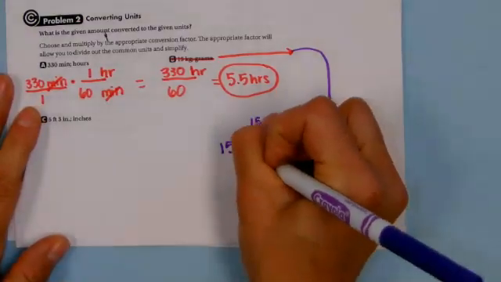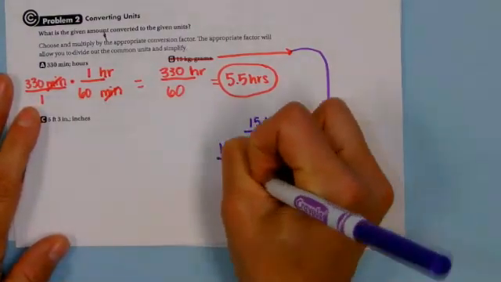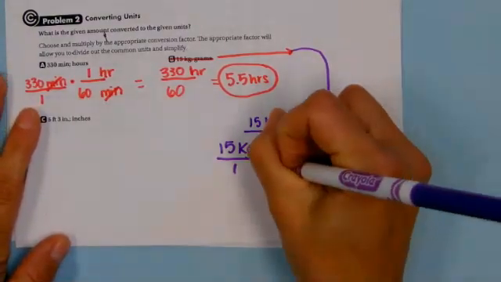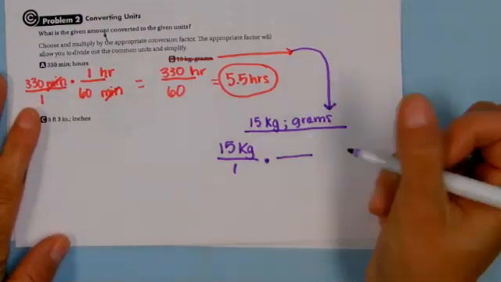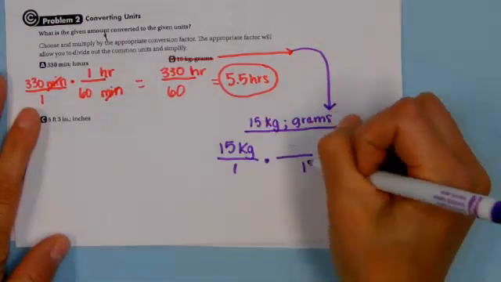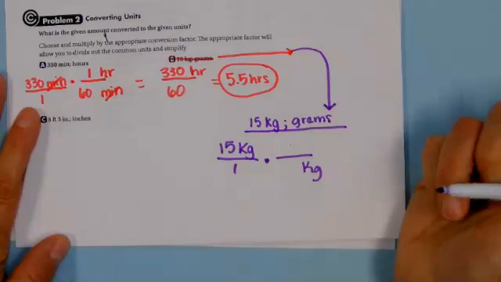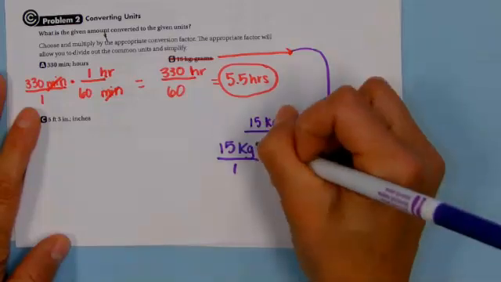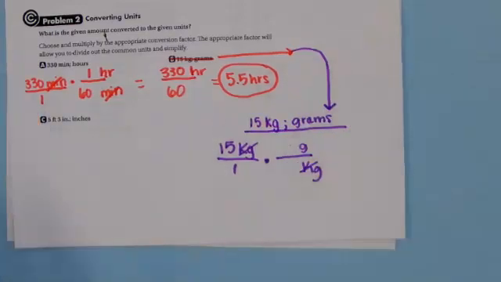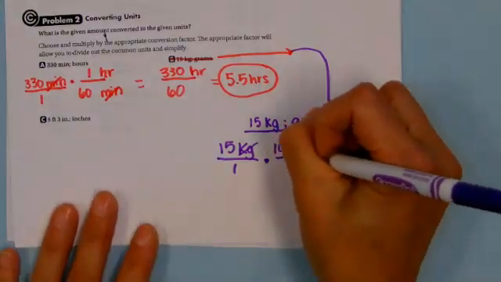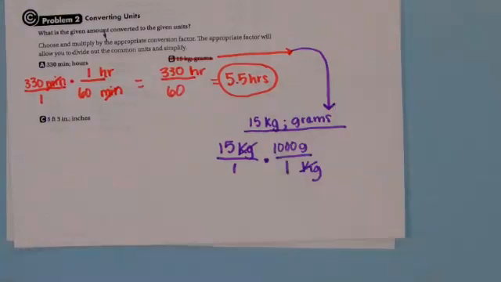But if you didn't know that, if you were unsure, this is what you would do. You would start with what you know, 15 kilograms over 1. And then you would multiply by, now, we want kilograms to go away, so we'll put that on the bottom, right? And we're going to put grams on the top so we can cancel kilograms. And the conversion, if you don't know it, it's on the chart, but 1,000 grams equals 1 kilogram.